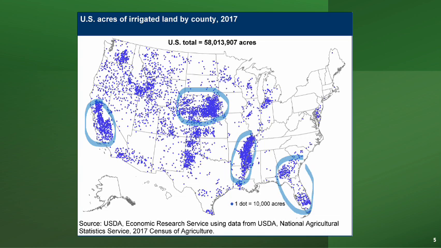Here we also have a concentration of irrigated land, and also here in the northwest and here. These are the regions of the US where most agricultural crops are produced.